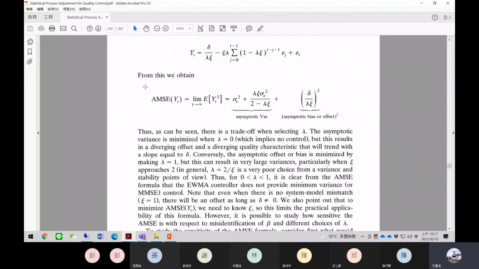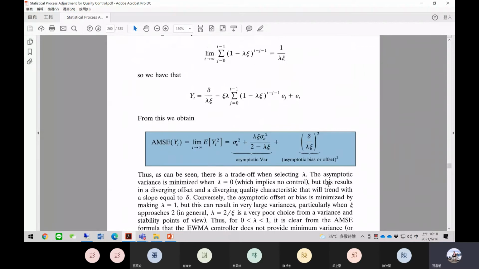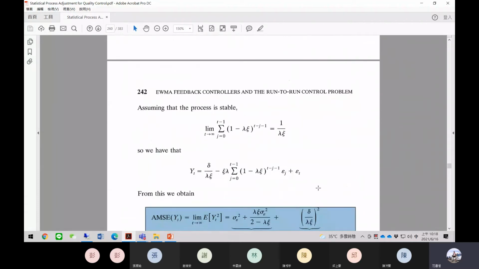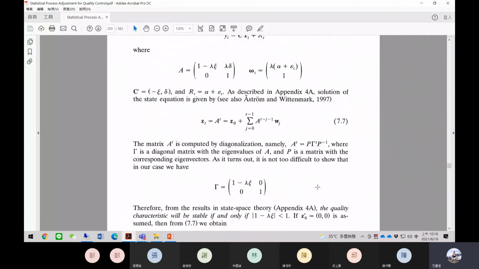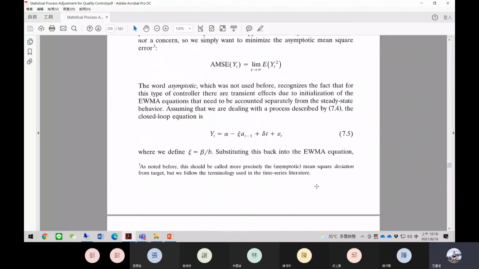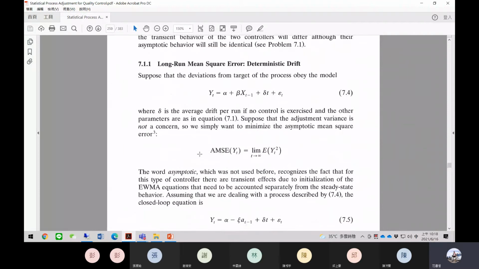From this we can obtain the asymptotic mean square error, called AMSE, the long run mean square error. The word asymptotic was not used before.